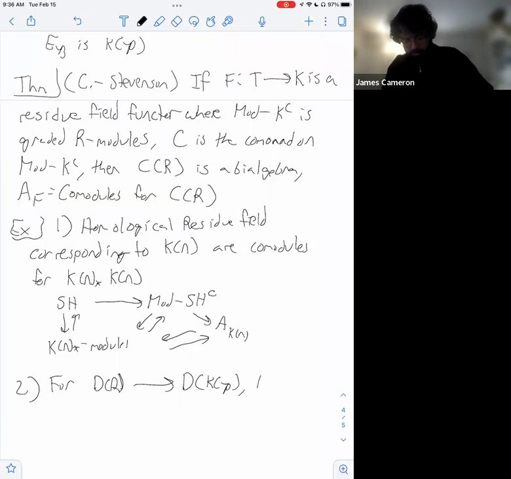The homological residue field is comodules for the Tor coalgebra.